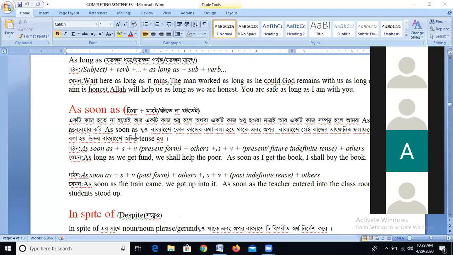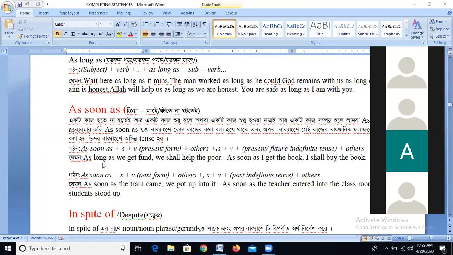Suppose an action takes place immediately, and you want to make an affirmative sentence to give a sense of urgency, suppose the work starts immediately or just now, and another action starts immediately after it. If you want to connect these two actions or two clauses, then you must use as soon as.